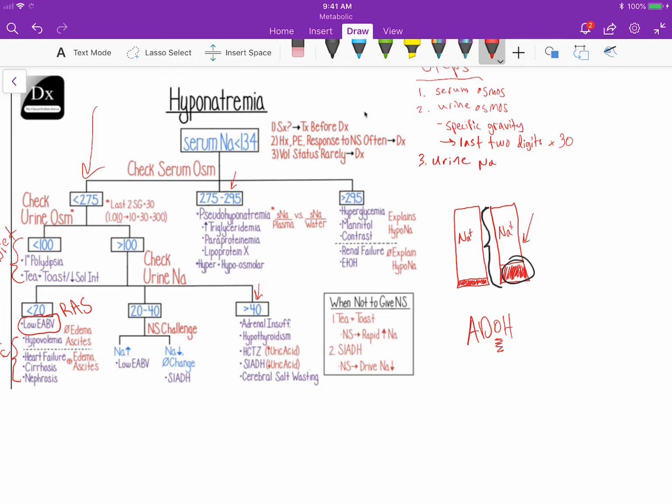Just a quick and dirty way for me to remember that anytime ADH is active, you're going to get hyponatremia. I mean, that's not necessarily true, but for fast and dirty thought processes, when you have inappropriate ADH release or whatever, it definitely helps to understand that ADH goes along with hyponatremia. Very quick and dirty.